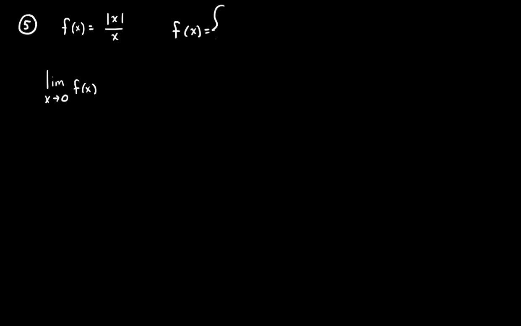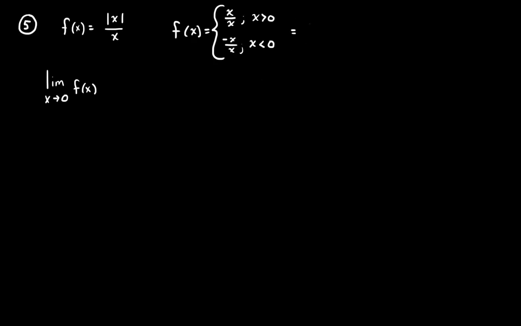And so the numerator is just going to be regular x over x, provided that x is greater than 0, and the numerator will be the opposite of x over regular x, provided that x is less than 0, and in this case x cannot equal 0 because we'd be dividing by 0.